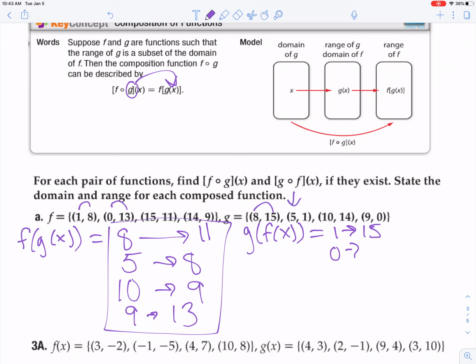I'm running into a problem over here. There are no 13s. That means that 0 doesn't exist. So we would put does not exist, D and E.